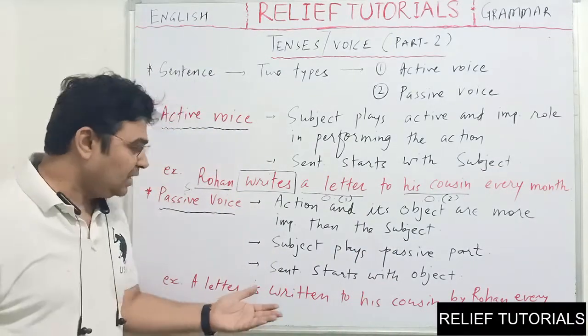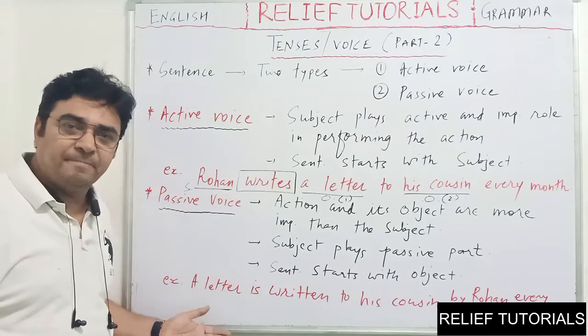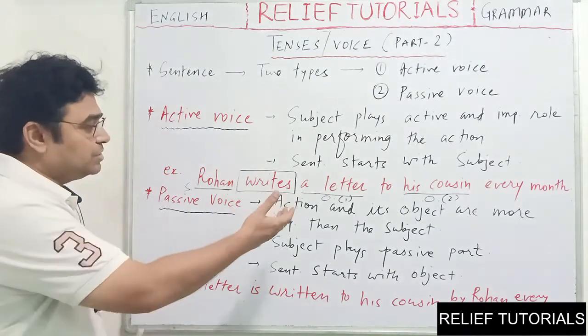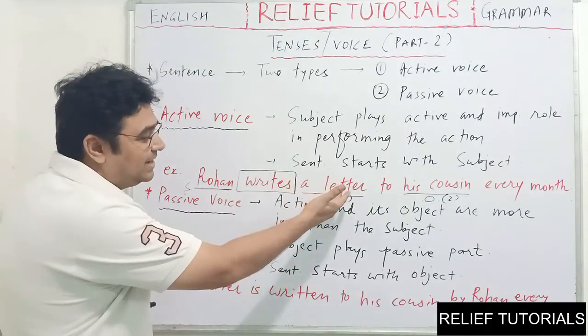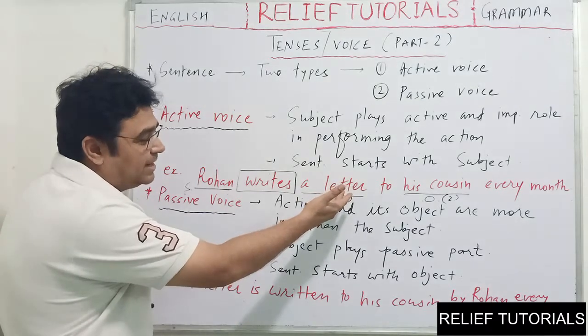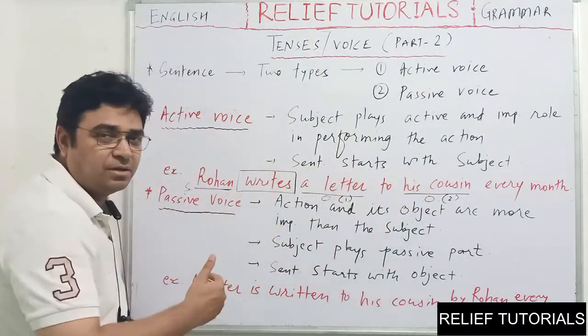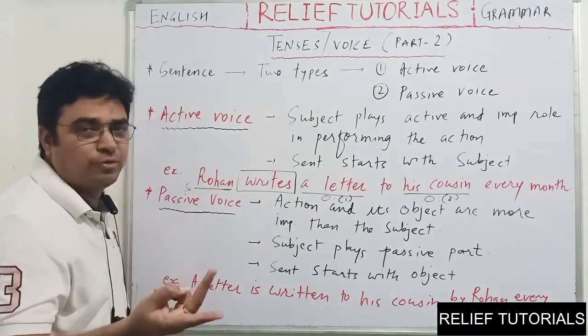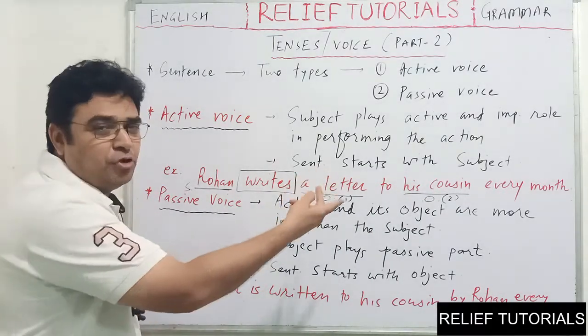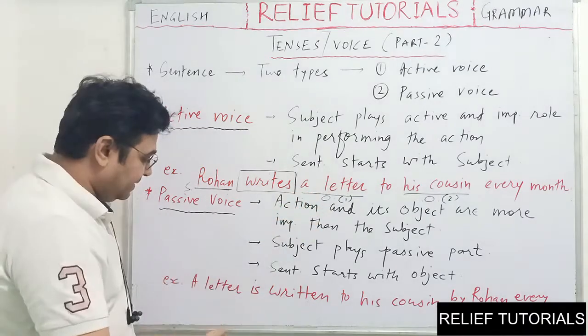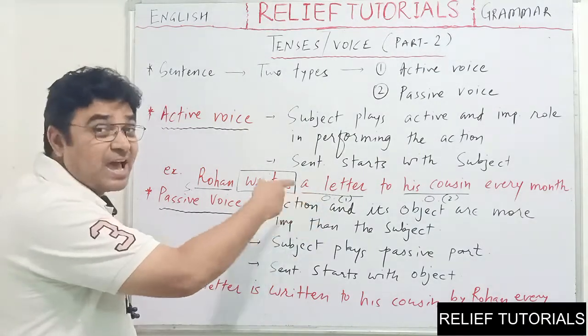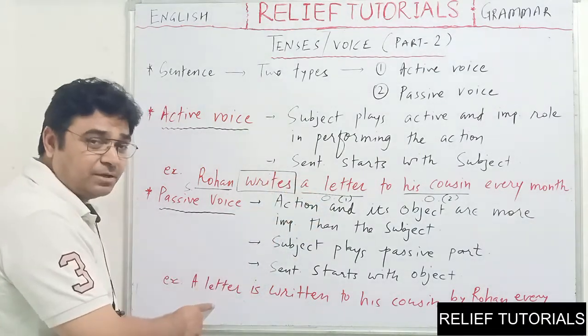So here we have the example of passive voice. This object, a letter, I have taken for consideration. You can also take his cousin as an object right in the beginning. So it can be made passive in two ways, using both the objects one by one. I've taken the first object, the direct object, letter, right in the beginning.